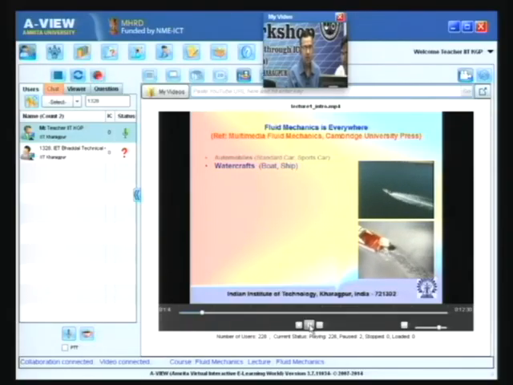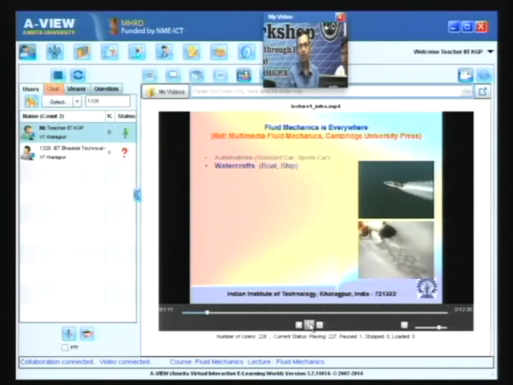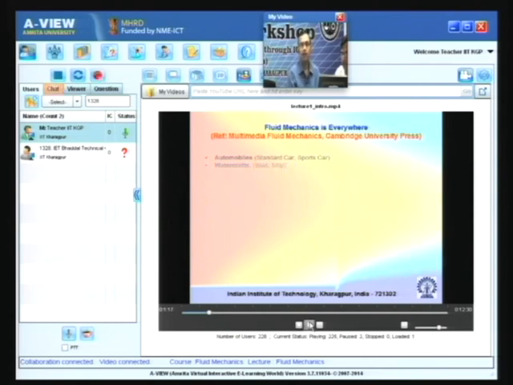We can also refer to other transporting vehicles which do not move on land but on water, like watercrafts, the boat, ship and so on, and these are also designed by taking into account various aspects of the interaction between the water and the craft.